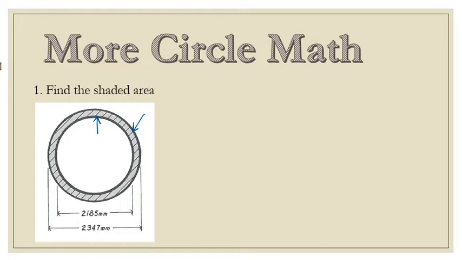So let's get some information. For the area of our big circle, we'll call it area big, we're going to have pi r squared. We have to do a little extra work here because we are given diameters. So we're going to take 2347 millimeters, the diameter of the bigger circle, divide it by 2 and get 1173.5.